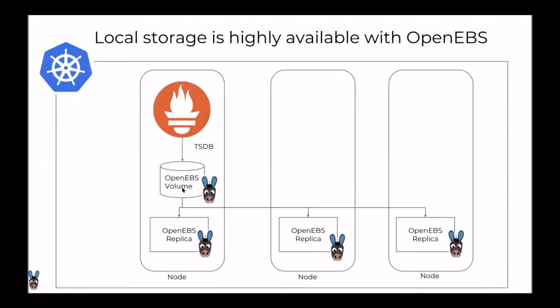So there is a volume that's exposed to Prometheus, and then Prometheus accesses it as an iSCSI endpoint and writes into it. The data is synchronously replicated to three different replicas, which are spread across three different nodes, and sometimes this can be configured across zones as well, so that the high availability always exists even if one zone goes down.